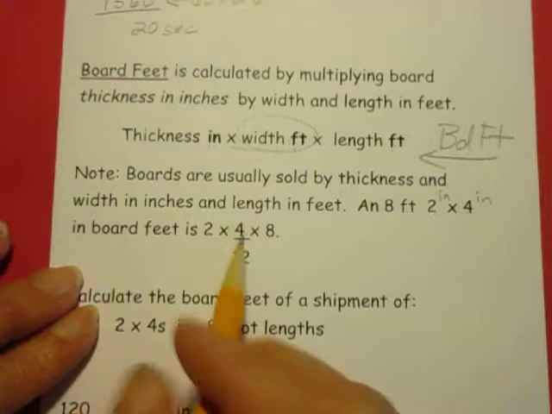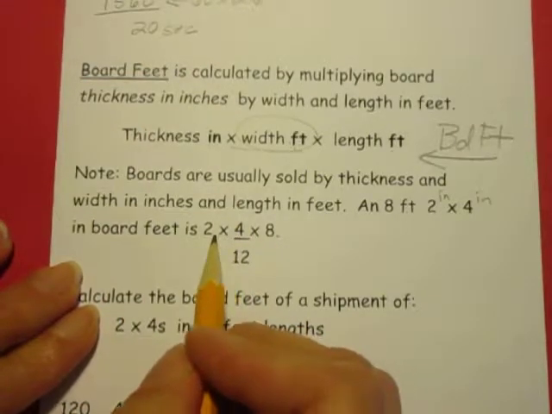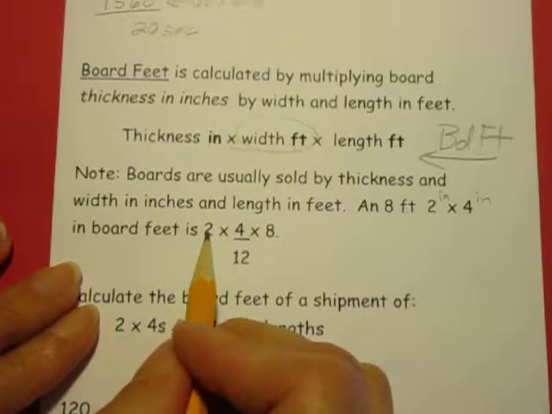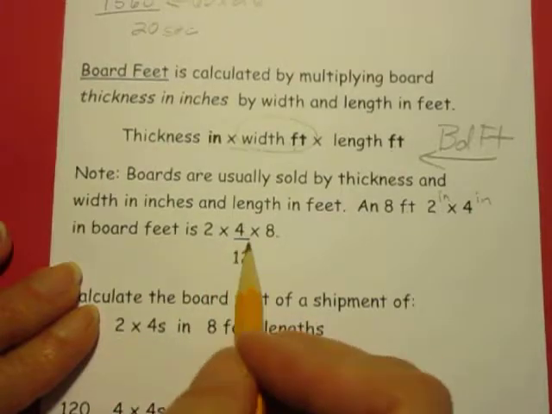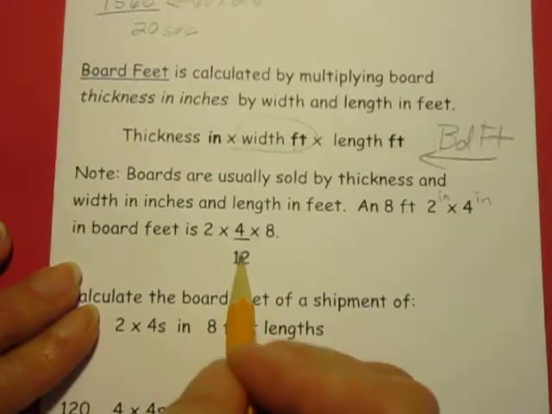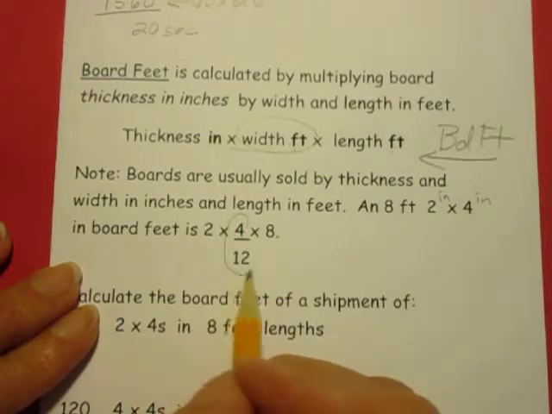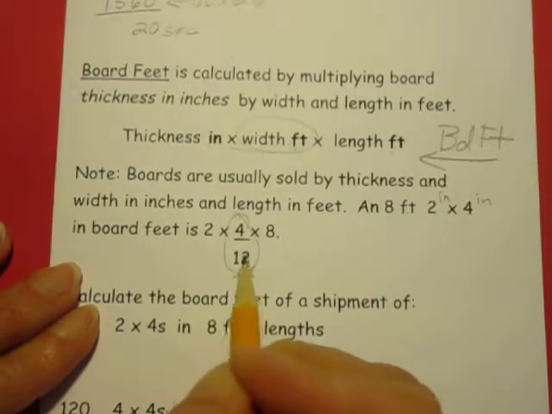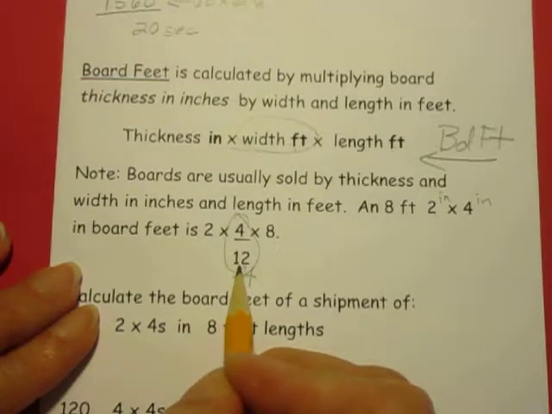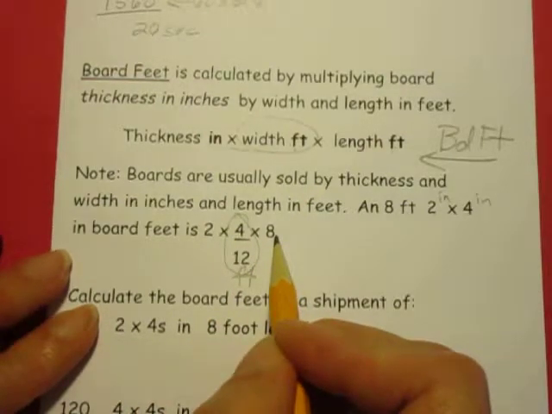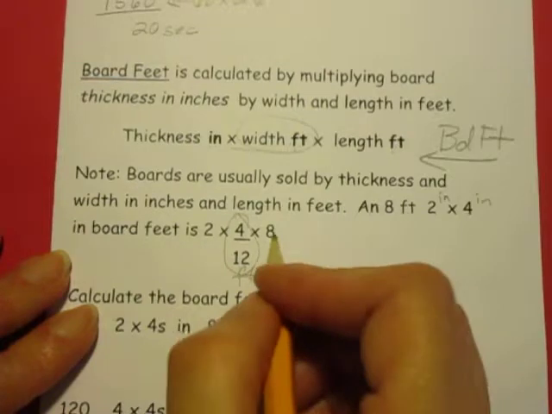So in board feet, the easiest way to do this is to represent thickness as 2 inches times 4 over 12. 4/12 would reduce to be 1/3 of a foot. That is in feet when you just take that inches and divide by 12. And then the last term would be the length, so 8 feet.